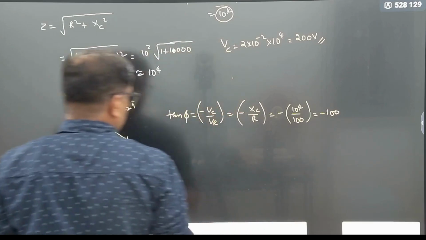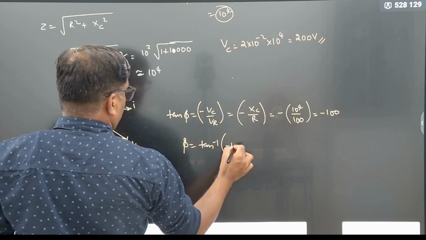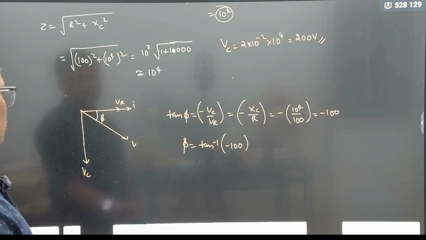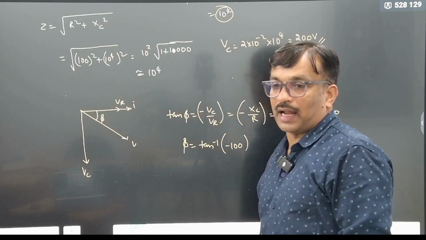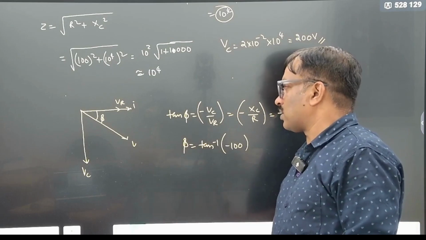I don't know this value, so phi equals tan inverse of minus 100. Clear? So phase difference you can calculate like this, and time difference also you can calculate.